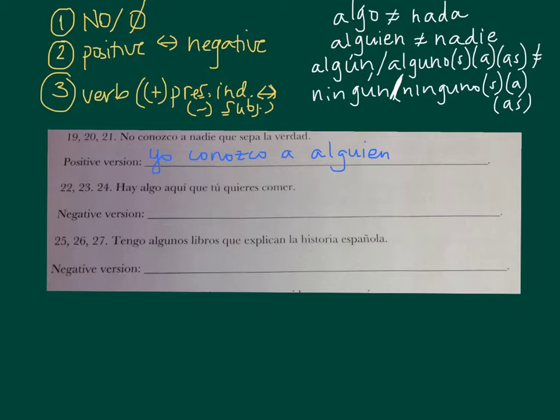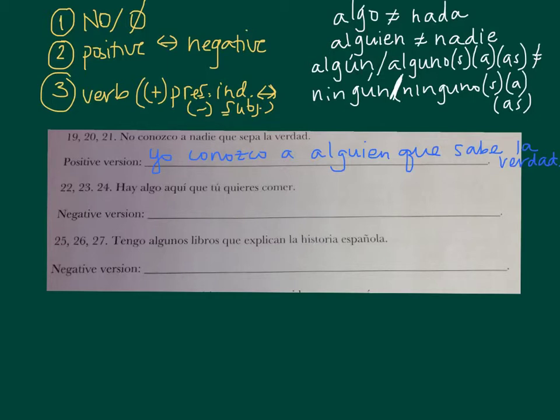Yo conozco a alguien que, and then I need to make my verb, instead of subjunctive, just regular present tense. So I would say, yo conozco a alguien que sabe la verdad. Easy.